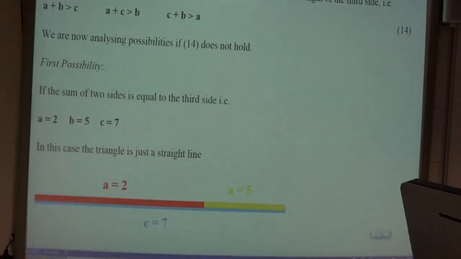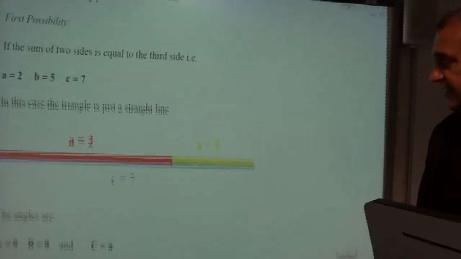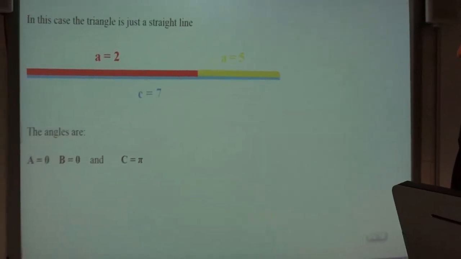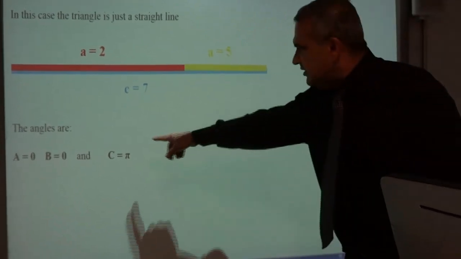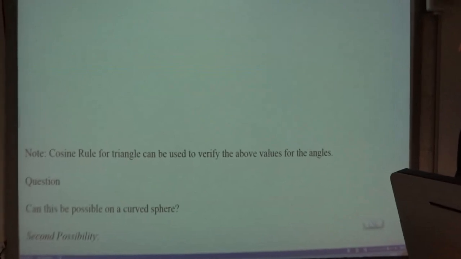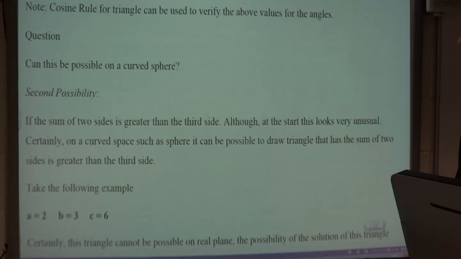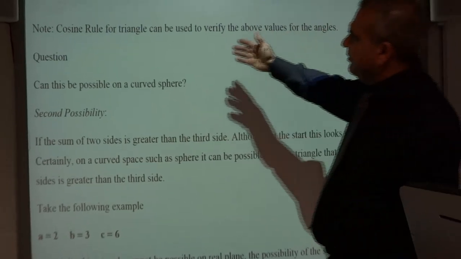There are two angles which are 0 and one angle which is 180, which still hasn't violated the rule. So one is 0, one is 0, and the other one is pi.